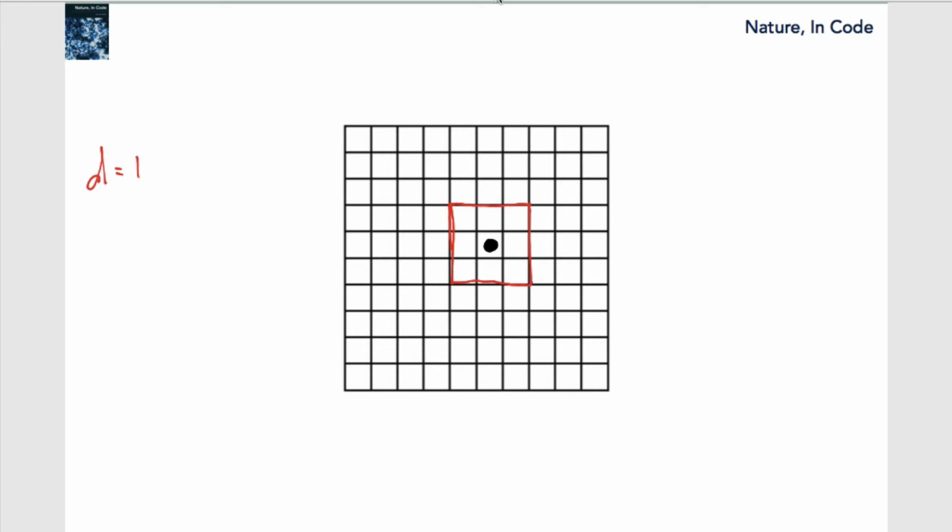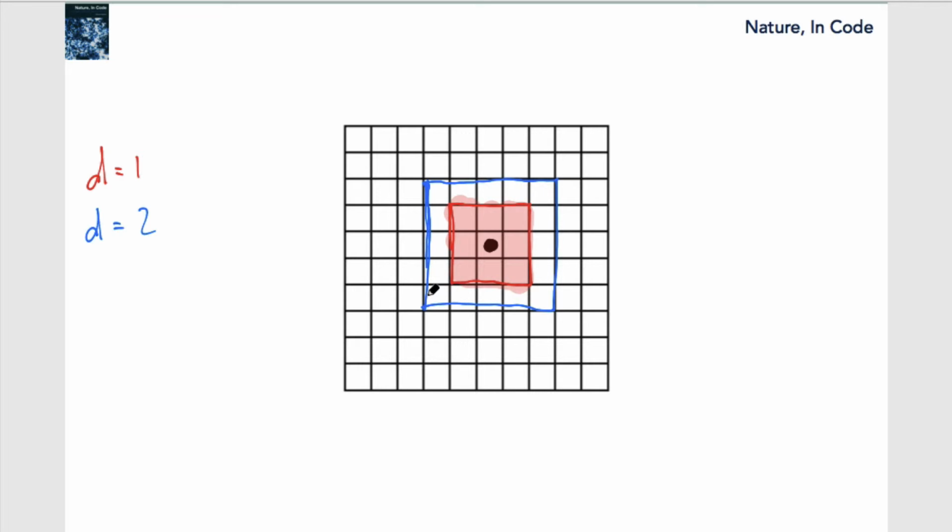And now the individual can only mate with the individuals in this area, only within the area that is defined by this mating distance. So if we changed that value and set the mating distance to 2, then it would simply be this space here.